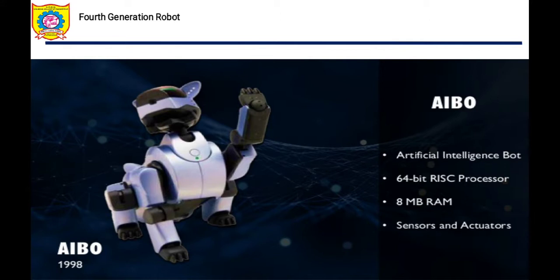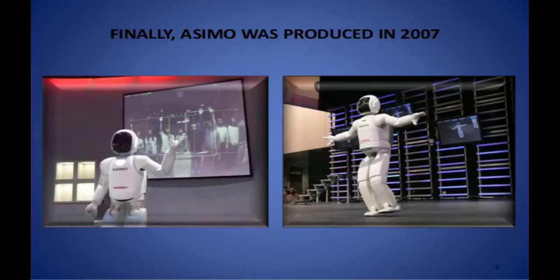AIBO was designed, called an artificial intelligence bot. It has a 64-bit RISC processor, 8 MB RAM, sensors and actuators. In our next video we will study sensors and actuators, which are very important parts of assembling a robot. So sensors and actuators were there in AIBO, an artificial intelligent dog.